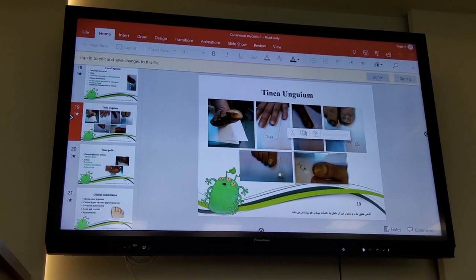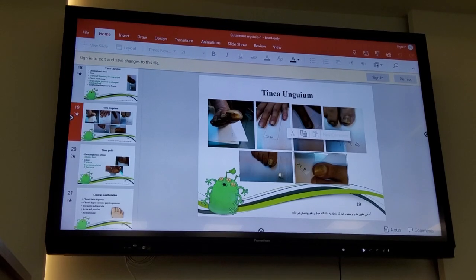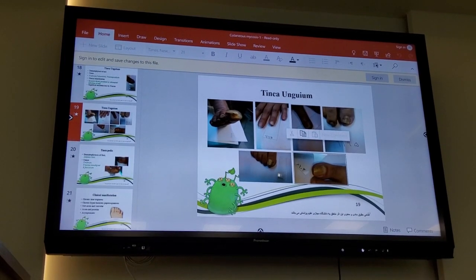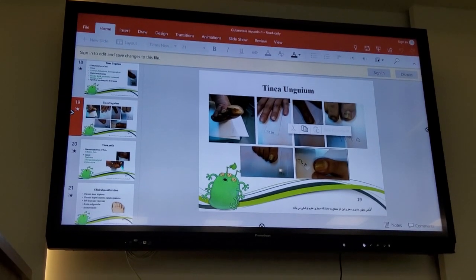SCC is the choice and selective media for isolation of dermatophytes.